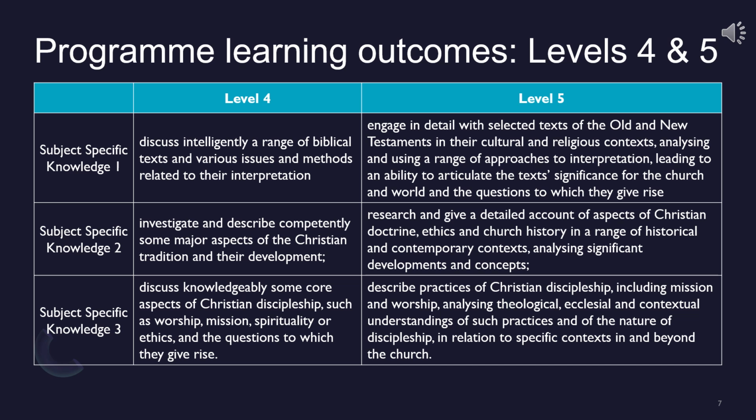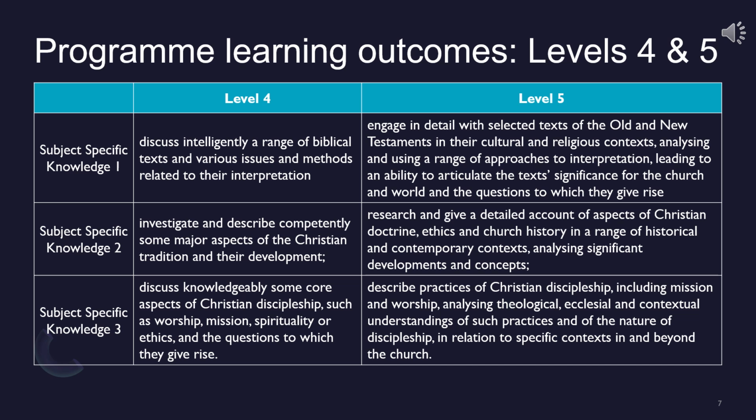So you're looking at perhaps a narrower range of texts, but you're looking at them in a greater level of detail than you did at Level 4. And there's a range of approaches to interpretation you can see in row 1 here. They're expecting you to be aware of different ways of looking at texts and to look at the significance of that for the use of those texts in the church and the world.